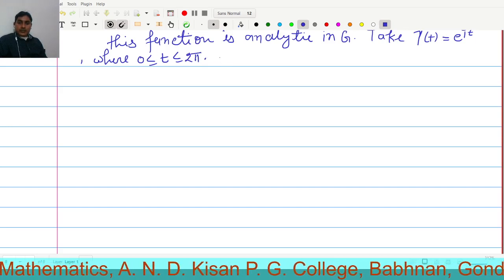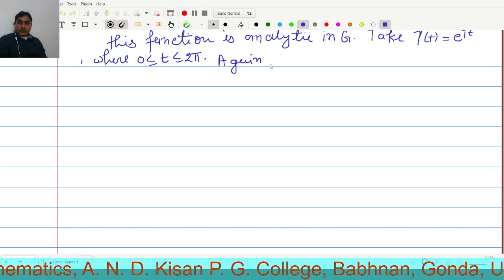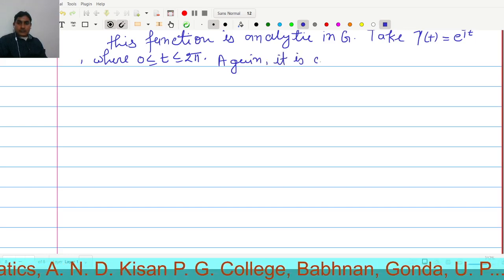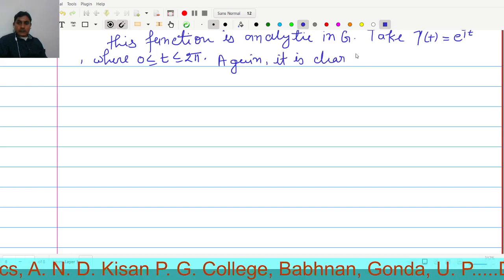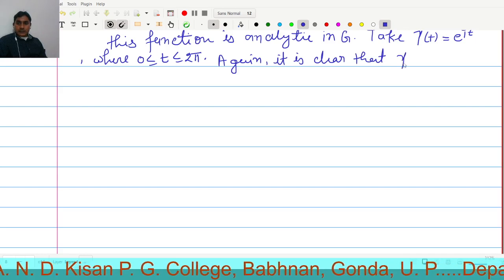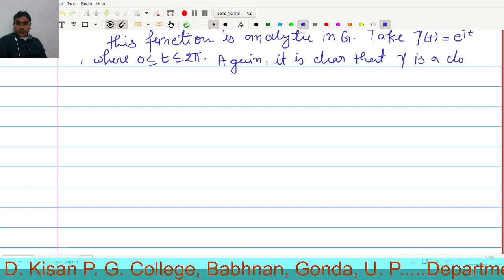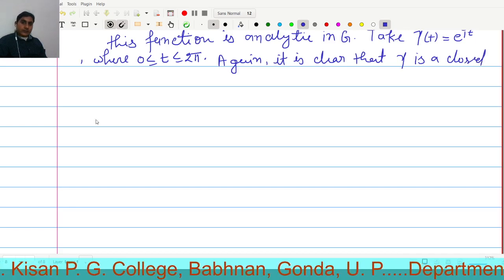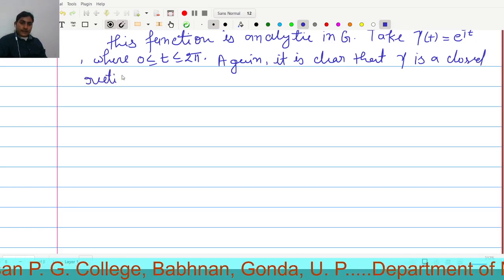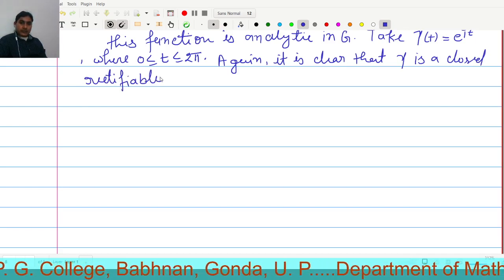Again, it is clear that gamma is a closed rectifiable curve.